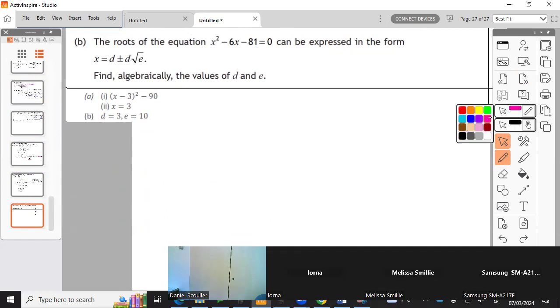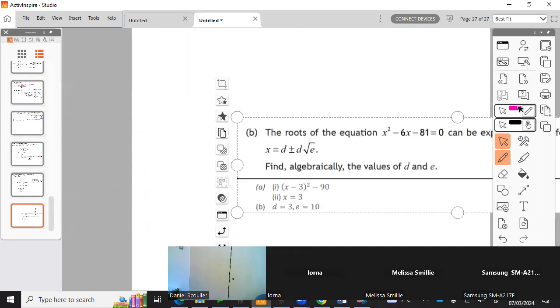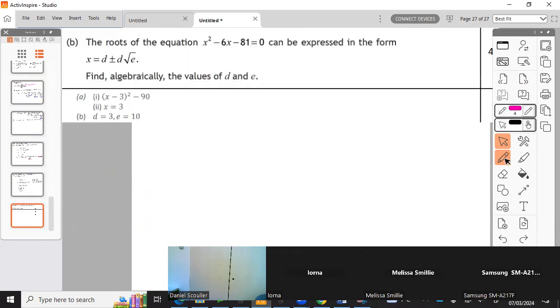That first part of the question, question A, was completing the square. So that's all they've done there. That's just completing the square. All right, so that first part is just completing the square.